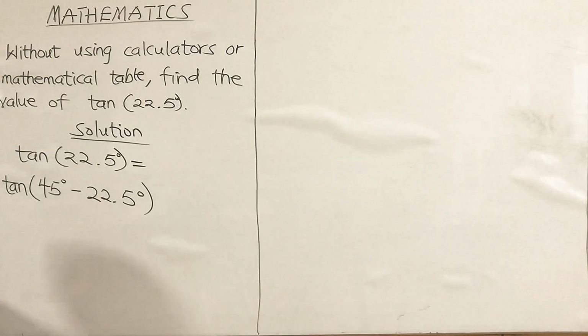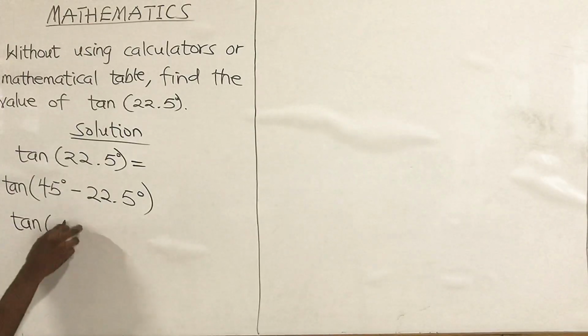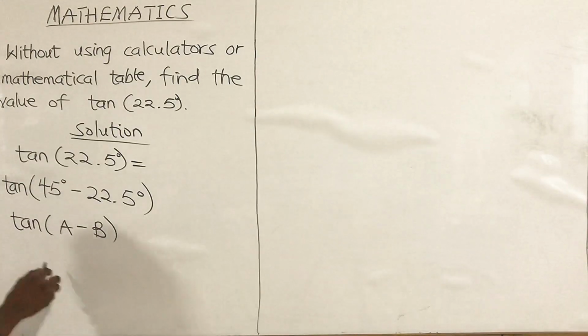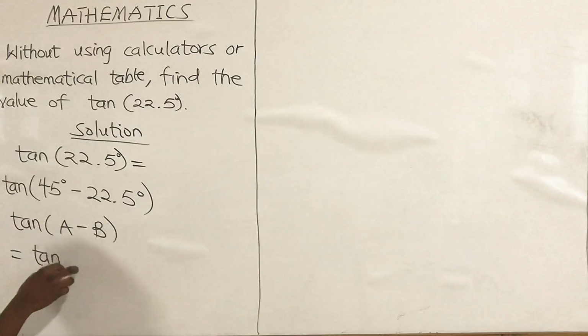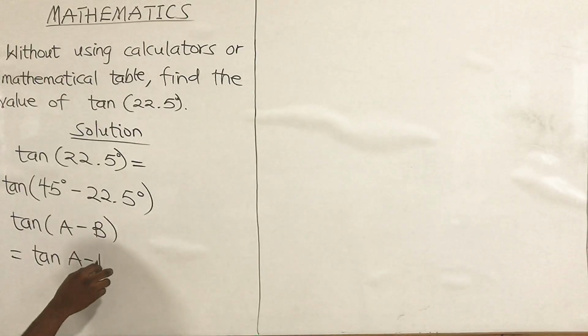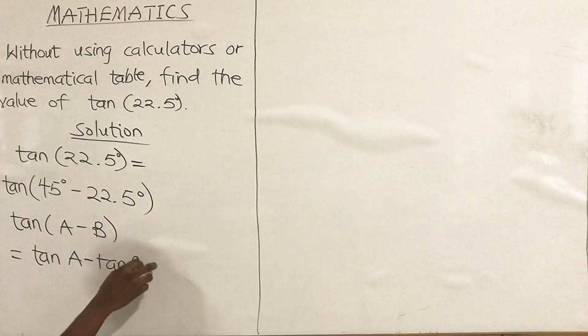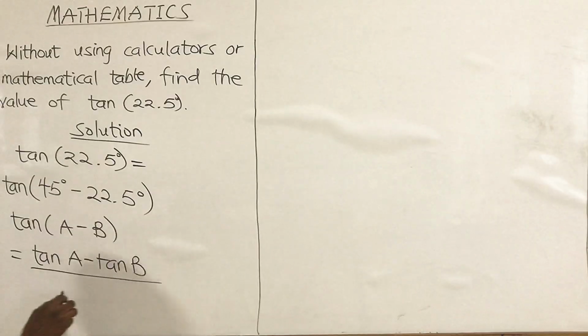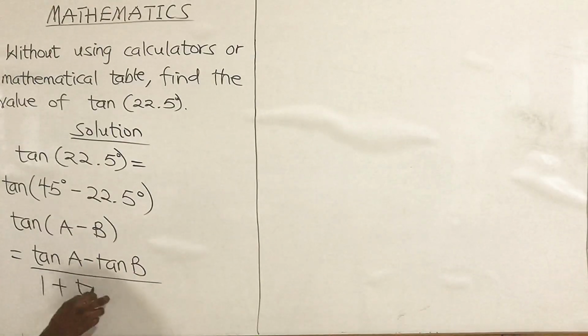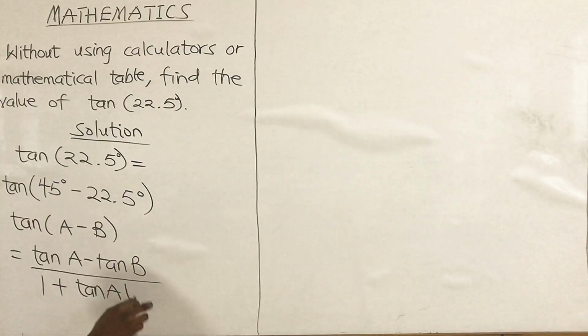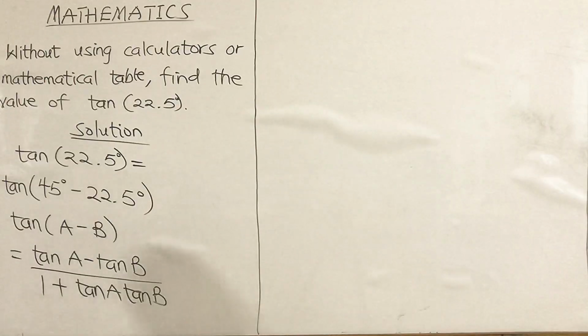And from here, we know that generally, if you have tan (A minus B), it is the same as tan A minus tan B all over 1 plus tan A tan B.